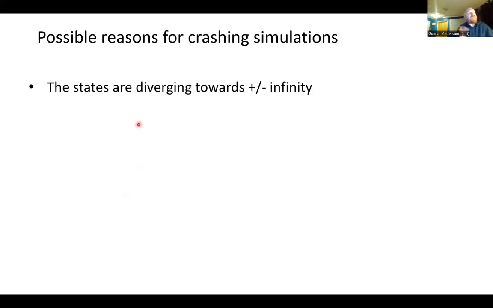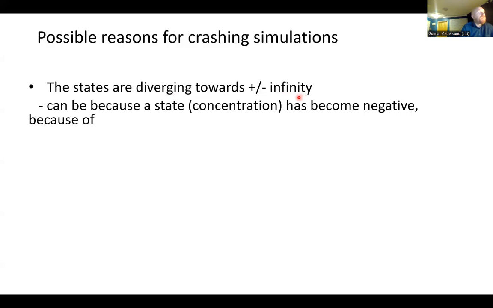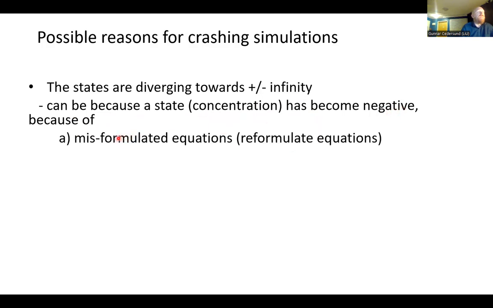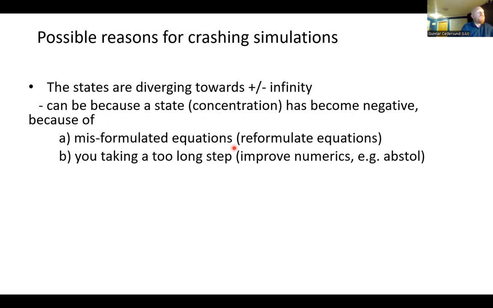You need to know what this can be due to in order to guide your error identification. So it might be because the states, the x's, are diverging towards plus minus infinity. And this in turn can be because a state has become negative. And this because you formulated equations in a weird way. Or because you're taking a too long step, as we saw in the previous example.